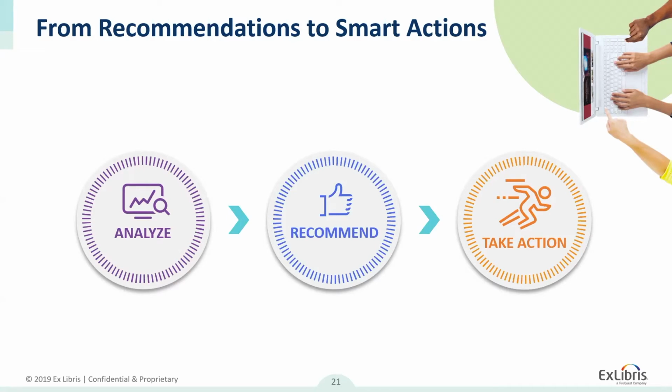And then we want to make it as easy as possible to take action to implement the recommendation. So where we have a recommendation to, for example, turn on a particular feature or create a SUSHI profile or copy a record from another institution, we want to provide the user, the librarian, with a link that takes them directly to the implementation of that recommendation to make it as easy as possible.